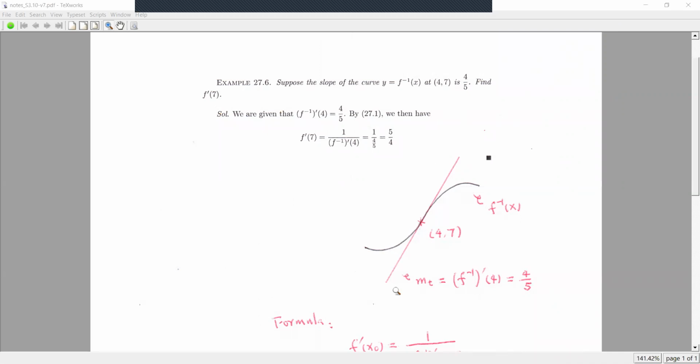At this point, there is a tangent line. The slope of the tangent line is the derivative of this function at the point 4. The slope of the tangent line is given to be 4/5. Therefore, this derivative is 4/5.